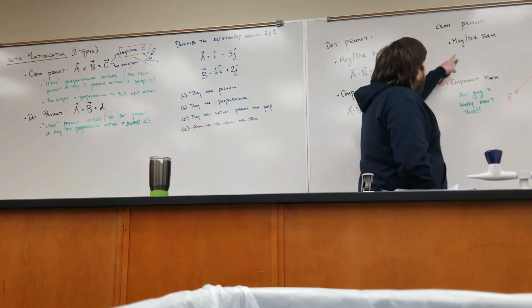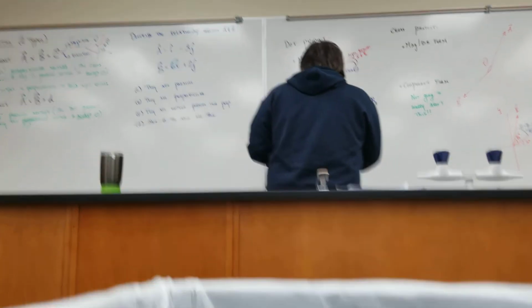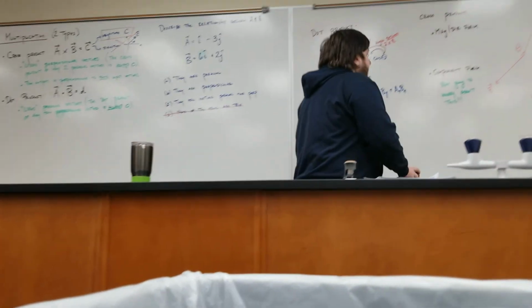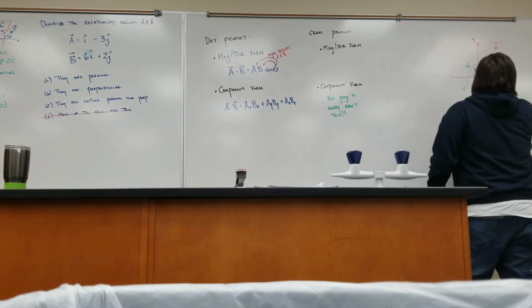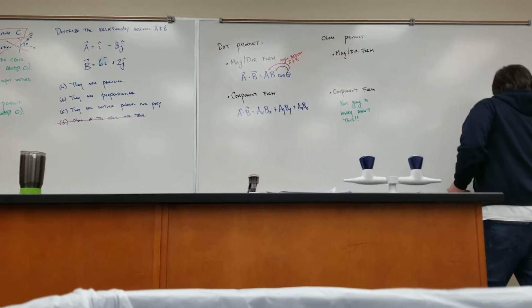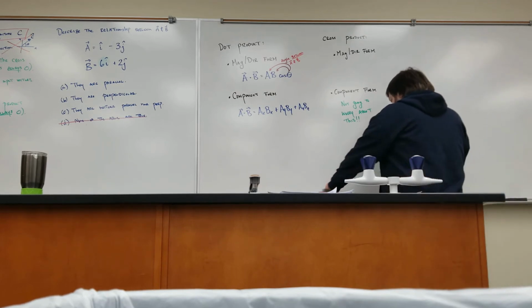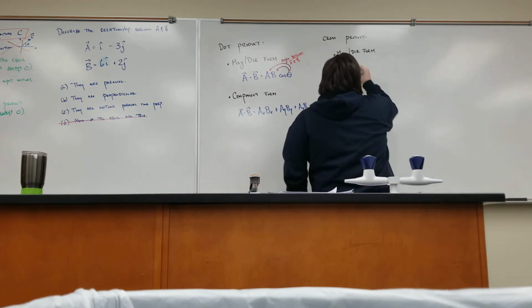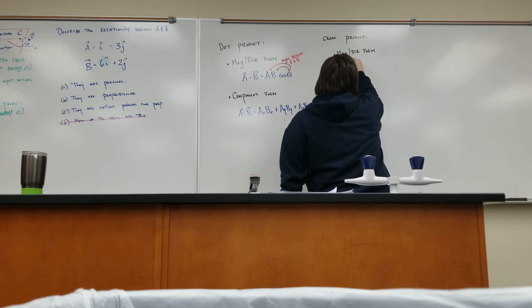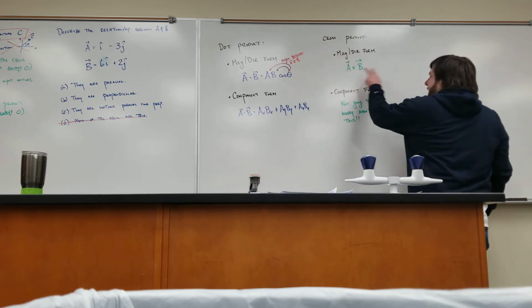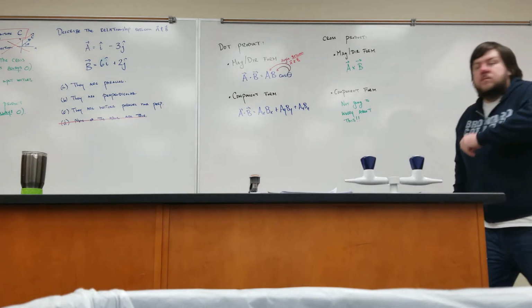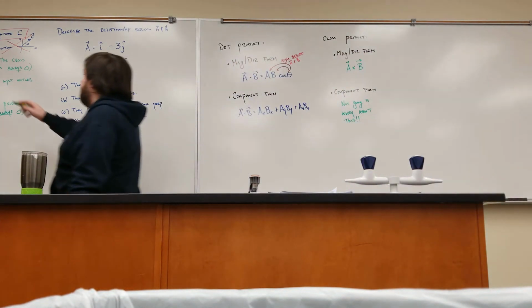So I'm going to write the magnitude and direction equation in a very specific manner. And I want you guys to understand what I'm writing here. The cross product is written as A cross B. But what is A cross B? It's some vector C, right?